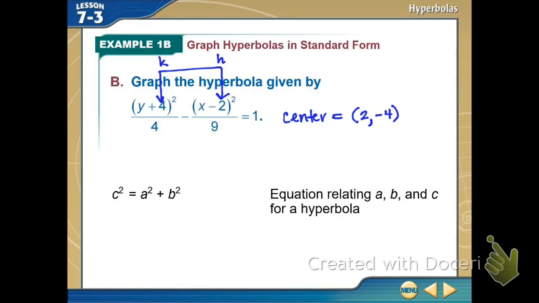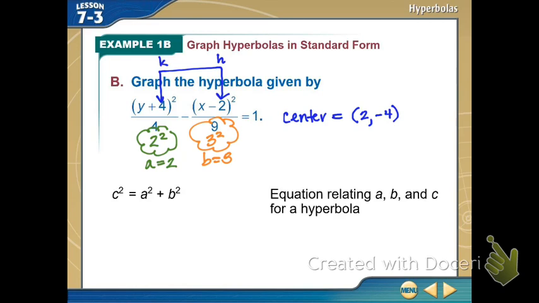The other thing that I notice is that this is 2 squared, right? So when I make my box, my A value is going to be 2, and my B value is going to be 3, because this is 3 squared.